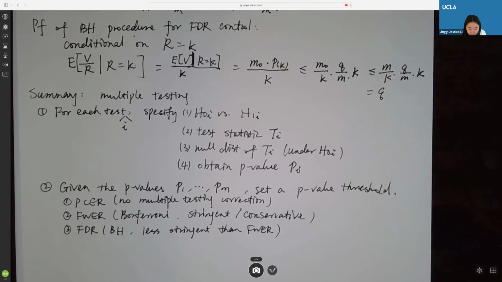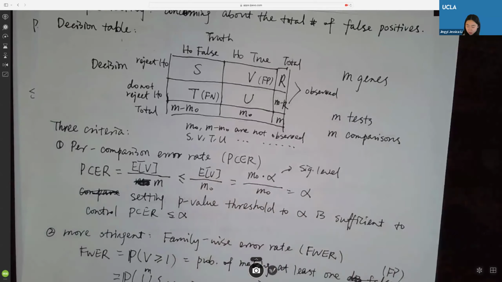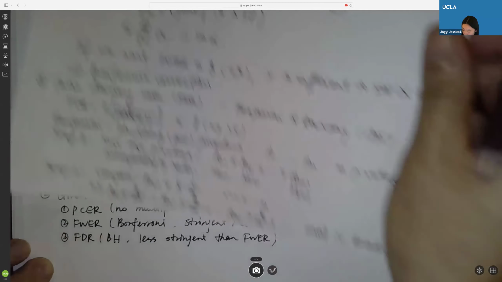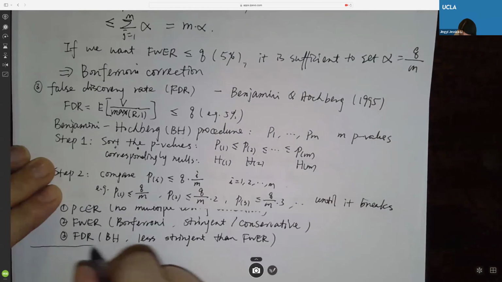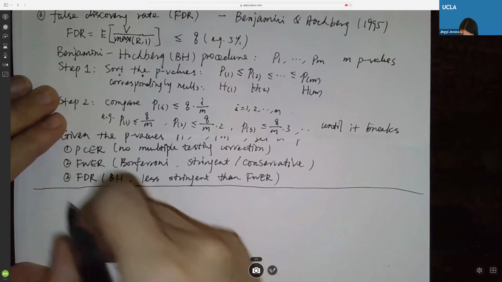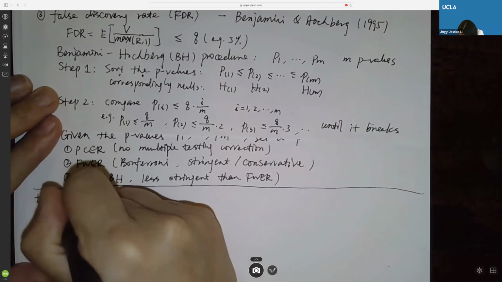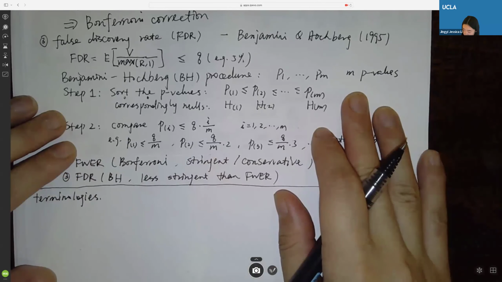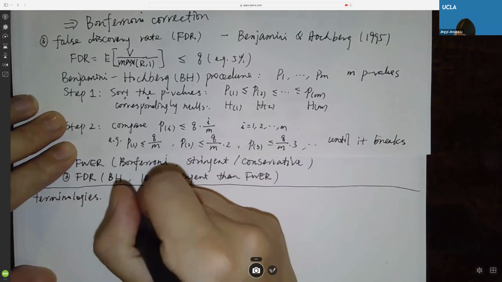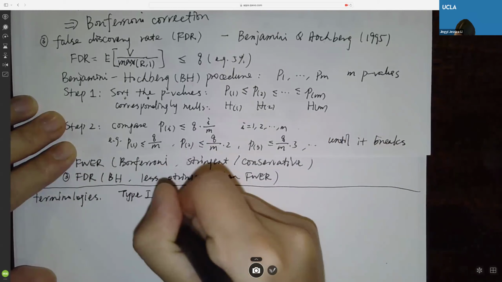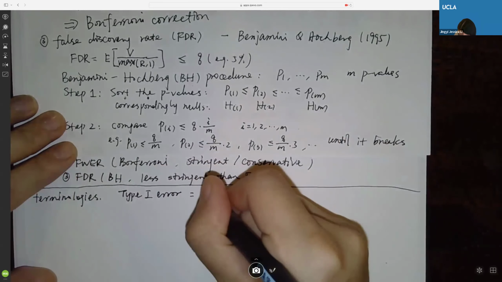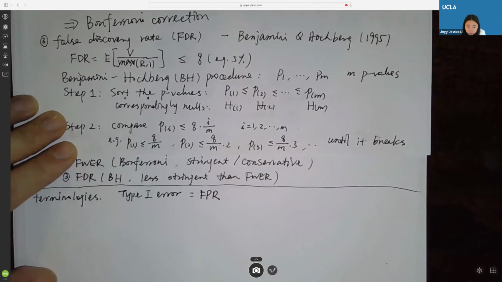Okay, and something maybe I can say a little bit about, since we already have this table, are some terms we often encounter in practice. I will just introduce some terminologies. All right, so we have introduced type 1 error, which is the false positive rate.